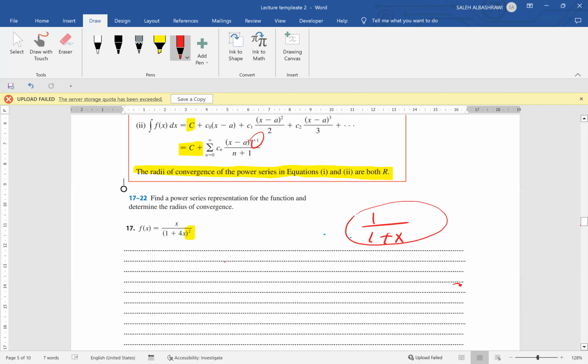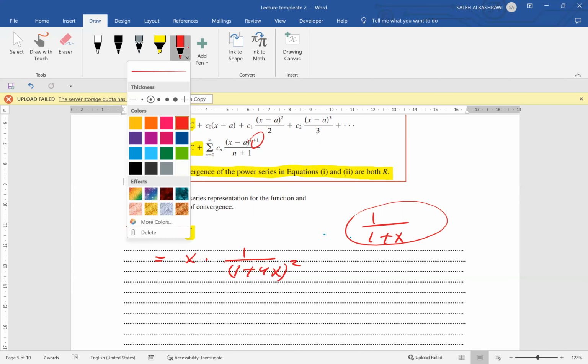So the function f of x can be written as x multiplied by 1 over (1 plus 4x)^2. I need to think about the differentiability of the function.